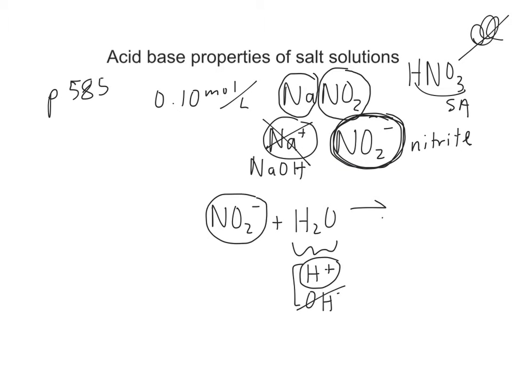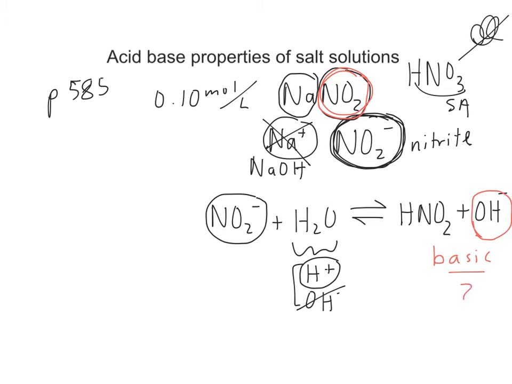So it could take a proton from water to form this guy, which releases hydroxide from the water. So essentially, what you need to recognize is first, this is going to have an interaction with water, and second, that interaction with water will form a basic solution.